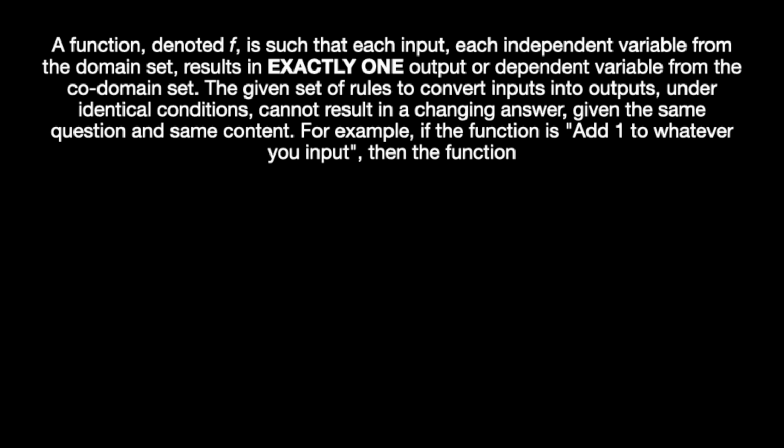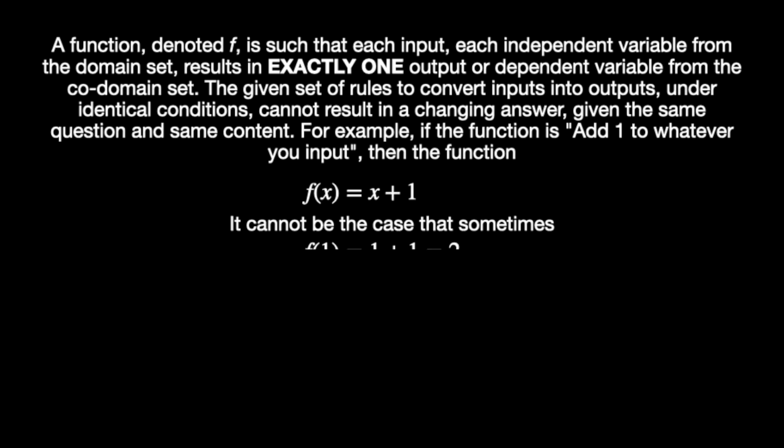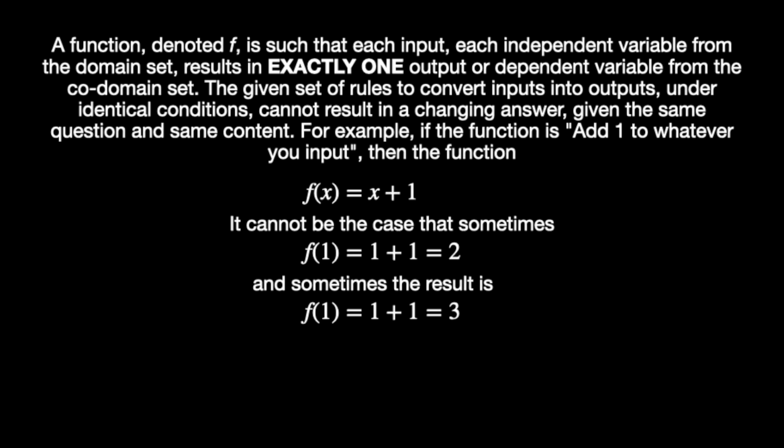Given the same question and context, for example, the function is add 1: f of x equals x plus 1. It cannot be the case that sometimes f of the value 1 equals 1 plus 1, which equals 2, and sometimes the result is f of 1 equals 1 plus 1 equals 3.